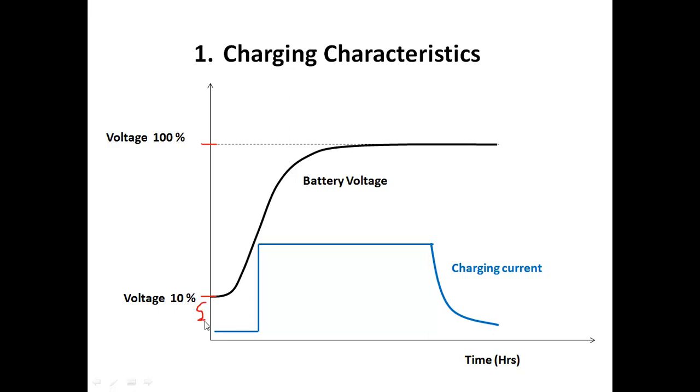We usually avoid this section of the graph because once the battery is discharged below this 10% mark, it is called a dead battery and it cannot be recharged. That is why some consumer electronics automatically switch off when the voltage of the battery goes below 10% to preserve this amount of power or the chemical energy so that the battery can be recharged again.